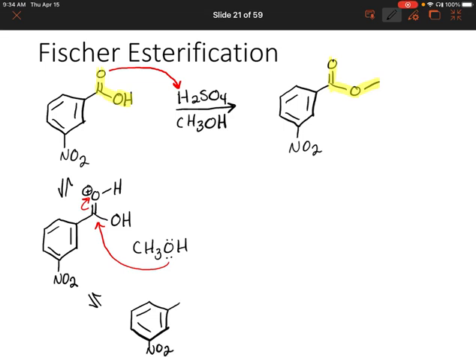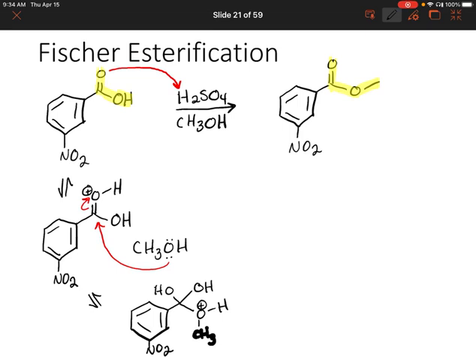Okay, so we're going to have our alcohol. We'll have another alcohol because remember we have our carboxylic acid there. And then that oxygen from the alcohol, the methanol, is going to attach. Oh, my pen likes to go bold on me sometimes. There we go.